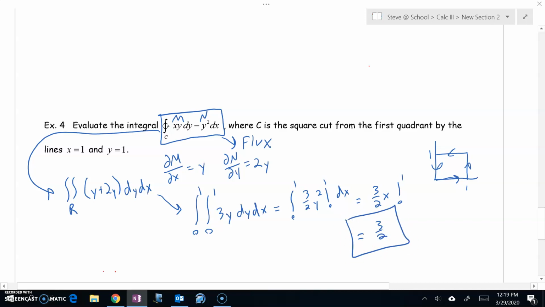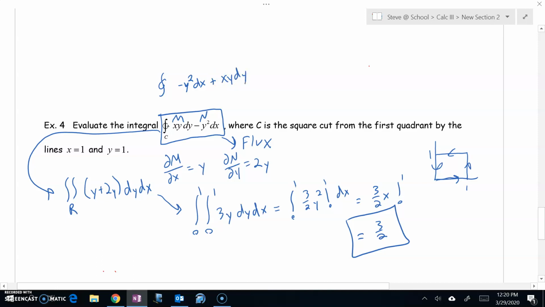My point is, though, I kind of want to show you real quick that you can rewrite it as circulation, okay? If you rewrite it as circulation, it's m dx plus n dy. So if I rewrite this, m is now with dx, so I'm going to put a negative y squared dx, and then it's plus n dy, so this would be xy dy.